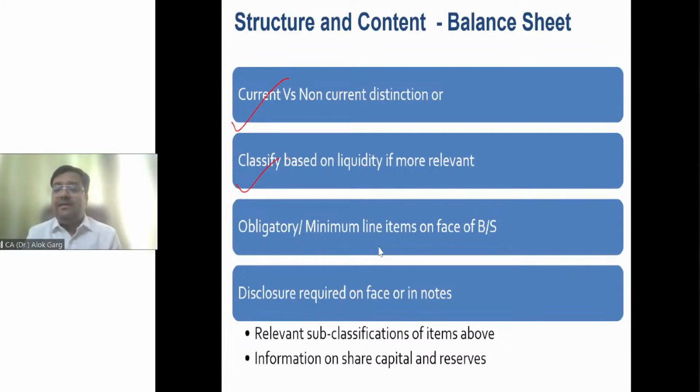So in that case, for companies that have an impact on going concern, or that are not preparing their accounts on a going concern basis, current and non-current classification is not the right thing. Then what is the right thing? In that case, the balance sheet has to be classified on the basis of liquidity. Liquidity means the liquid item comes first, the high value liquid item comes first, and then the low value liquid item comes.